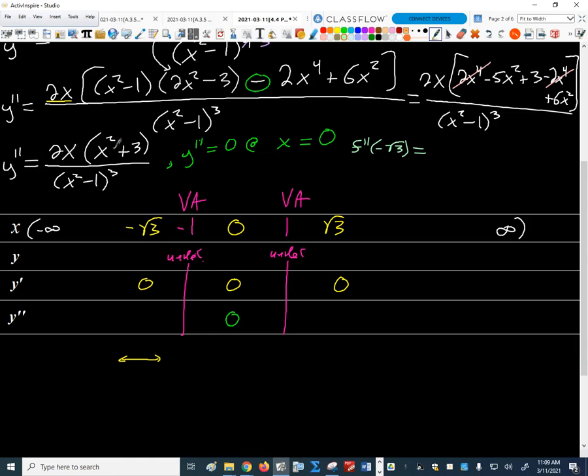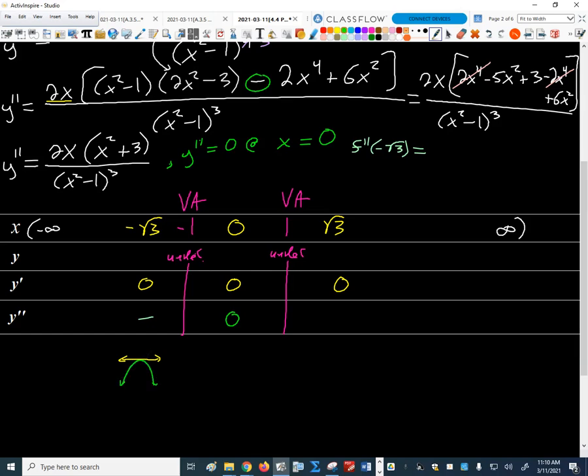So that's negative. I get negative over positive is negative. So what is that then? Type it in chat. What's going on at x equals negative radical 3? What kind of an extremum is that? Okay, good. That's a max. Good.